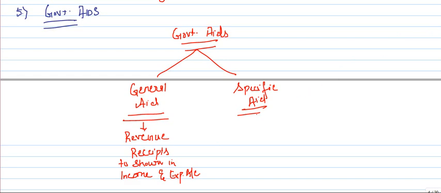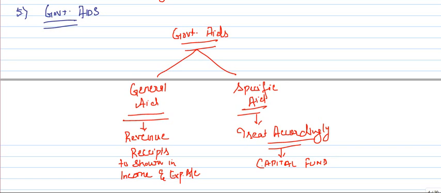Now, if it is for a specific purpose, then you have to treat it accordingly. You know how to treat a specific purpose, like if it is for the building. Or the alternative is, if no specific purpose is given, but it says that we are giving this for some reason, then you can capitalize it and add it to the capital fund also.